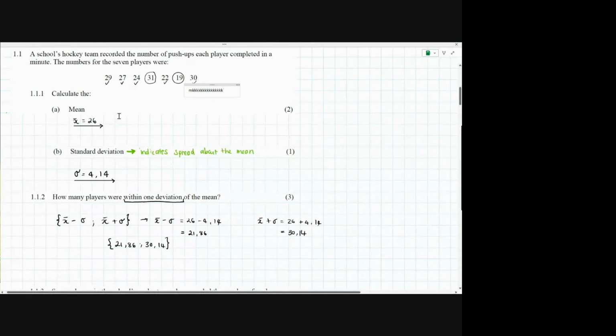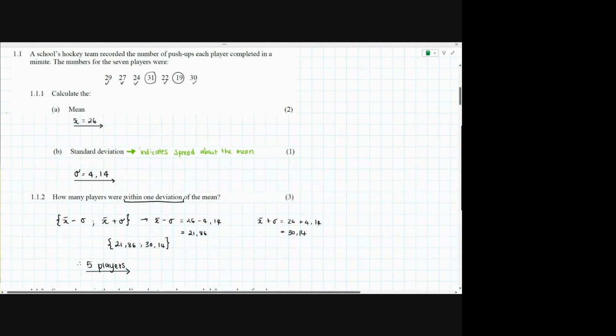Be very careful to read your question carefully. It says how many, so there are 5 players within 1 standard deviation.